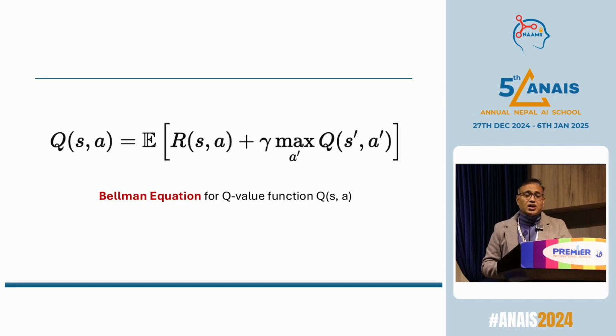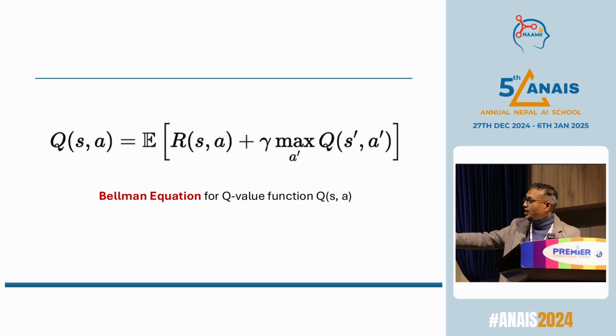Well, this is what we call the Bellman equation for the Q value function. We have to keep in mind this is for the Q value function, but we'll come later on to what this Q value function actually is. In this talk, I will come to this equation later on. We will see each and every part. What does this gamma actually mean?